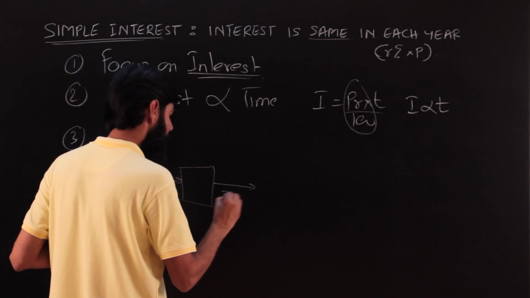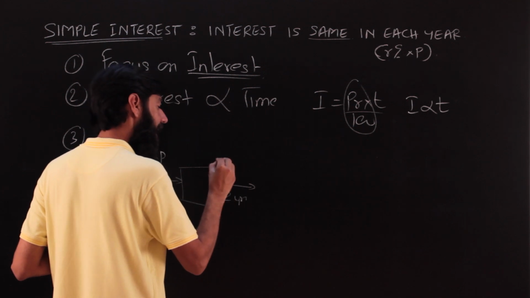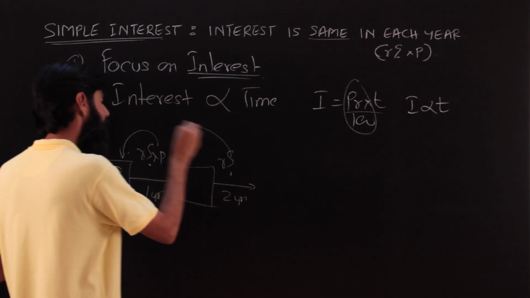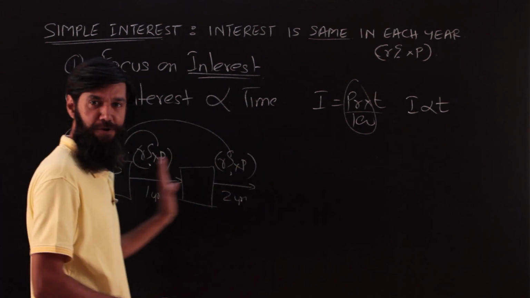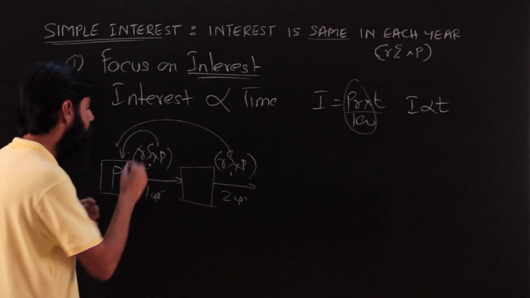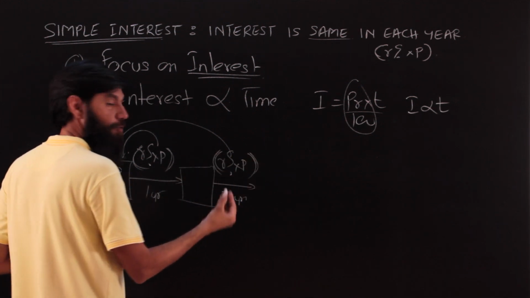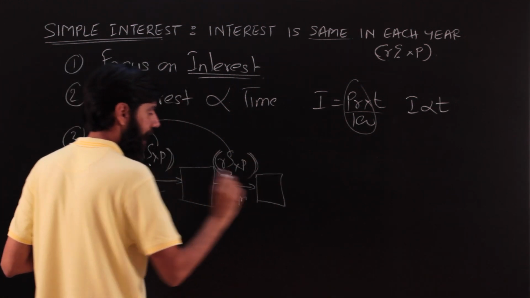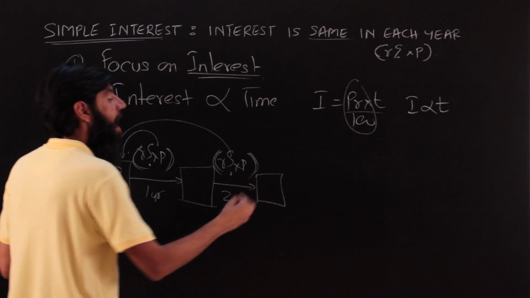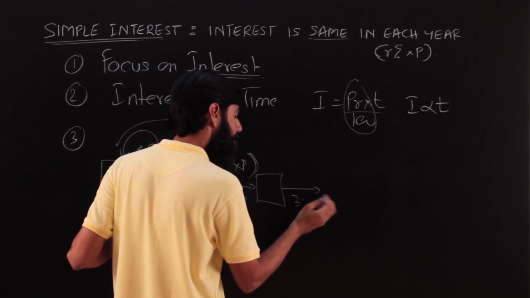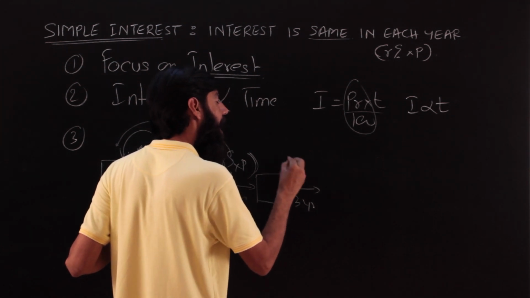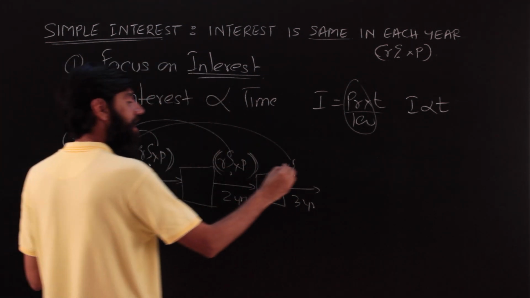In the second year, I would again get R% of principal itself. So focus on the interest. When you do it this way, what it helps you build is that I'm looking at interest over here, right? So I'll be getting some amount at the end of 2 years, right? At the end, in the third year, I would again be receiving R% of principal itself.